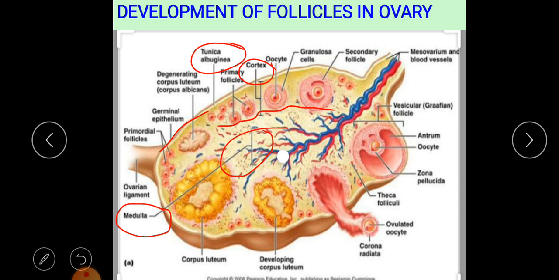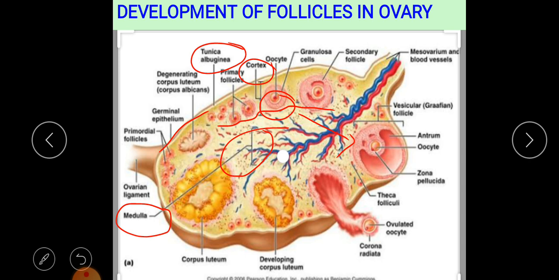Every month one primary follicle matures into a Graafian follicle. Like this, the process takes place inside the cortex region of the ovary.